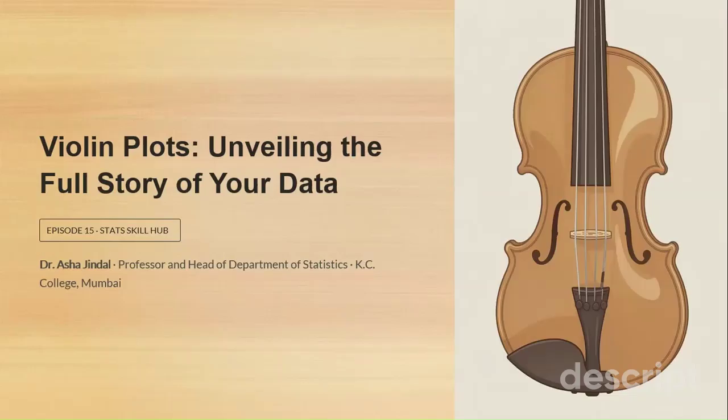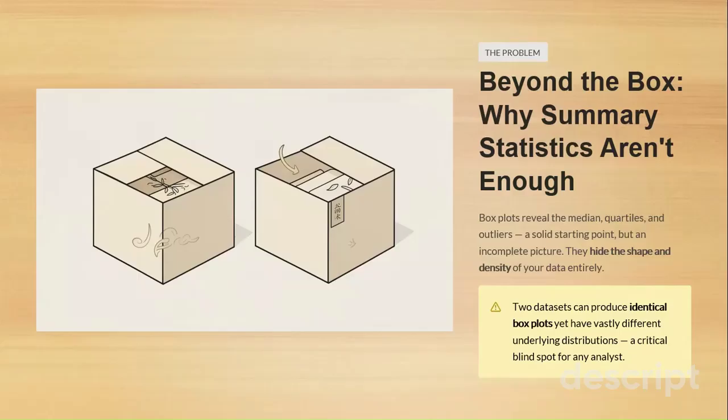Traditional summary statistics, such as mean, median, and quartiles, are useful, but they do not always tell the full story. Even box plots, although very informative, mainly summarize the data using quartiles and outliers.